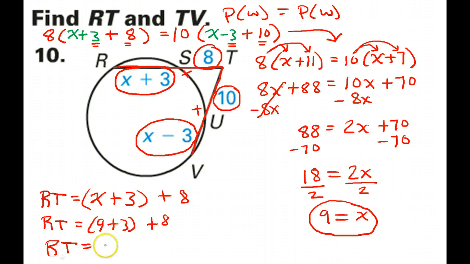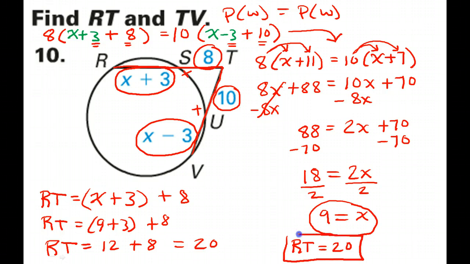Well, 9 plus 3 is 12, plus 8 is 20. All right, so RT is equal to 20. So I'm just going to go ahead and write that down. RT equals 20. So that is one of my final answers.